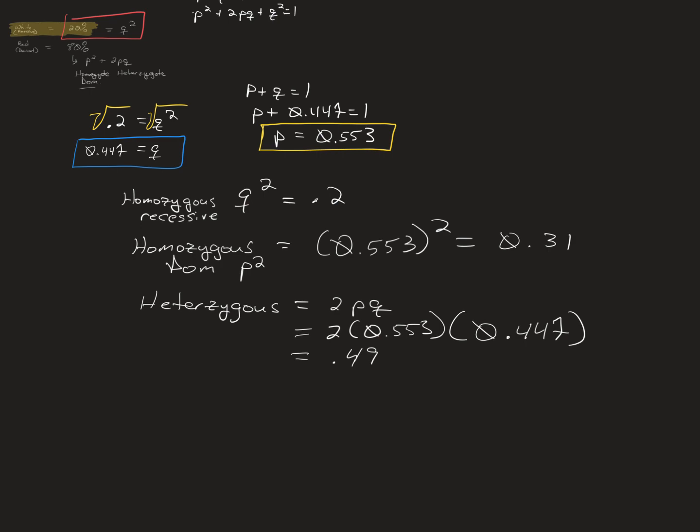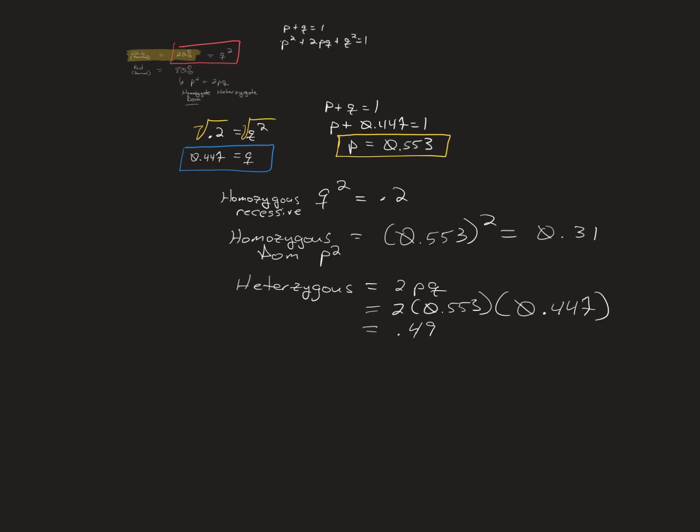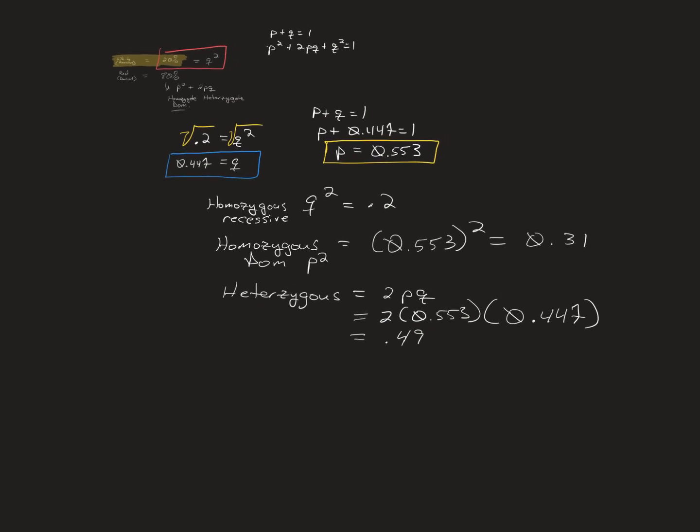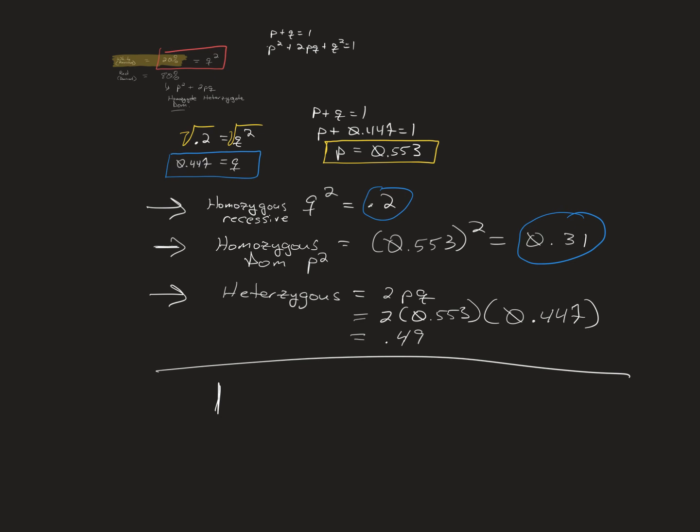So if I add these together, remember P squared plus Q squared plus 2PQ should equal what? 1. So what's 0.2 plus 0.31 plus 0.49?